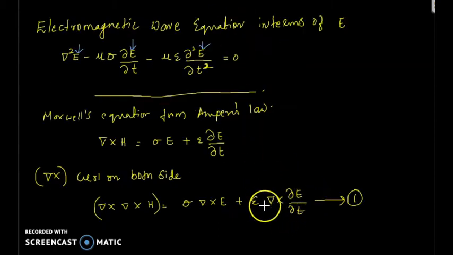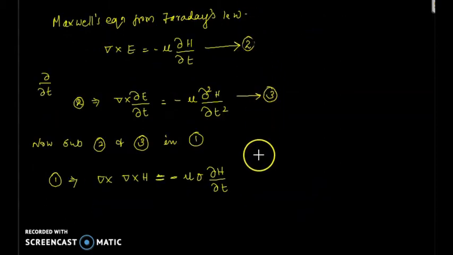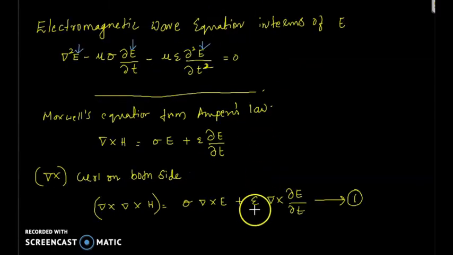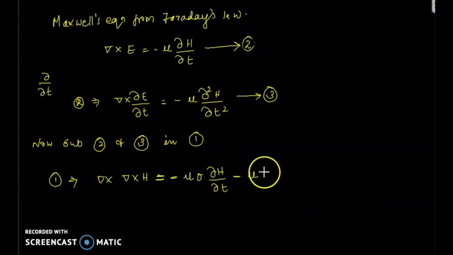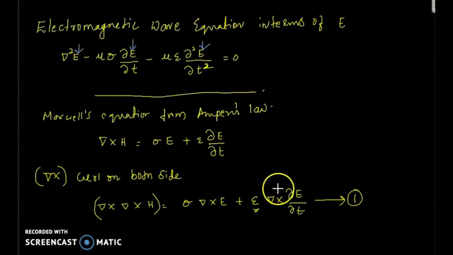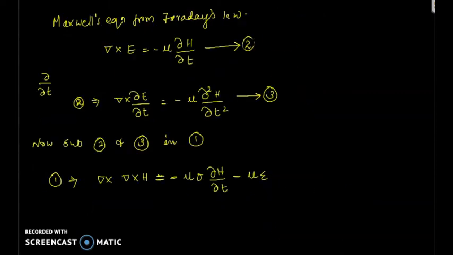Similarly, this also gets replaced with equation number 3. Minus mu sigma, instead of the curl of partial derivative of E, we can write the second partial derivative of H. Take this as equation number 4.